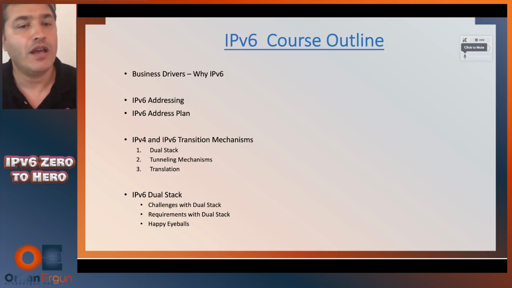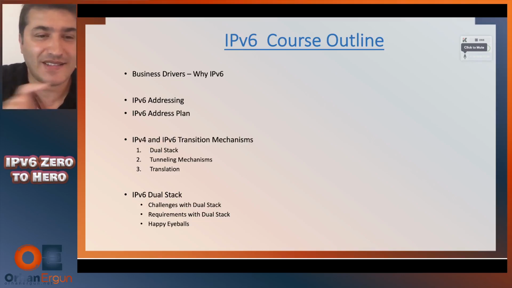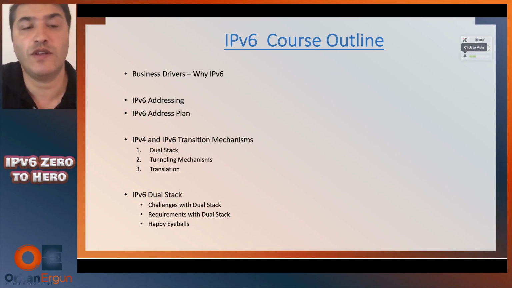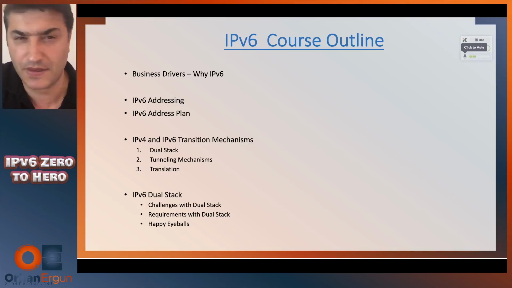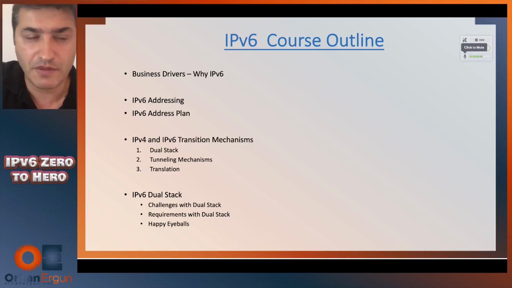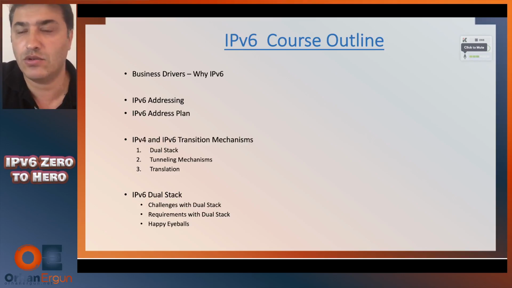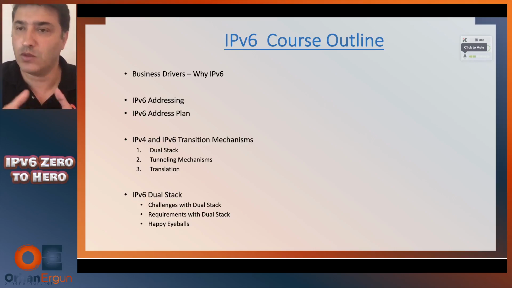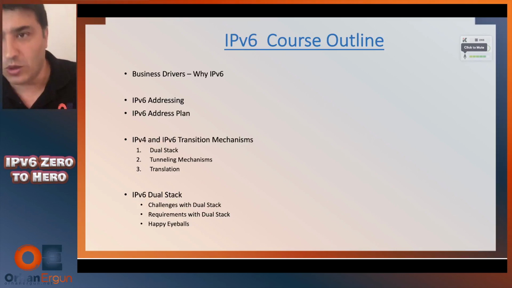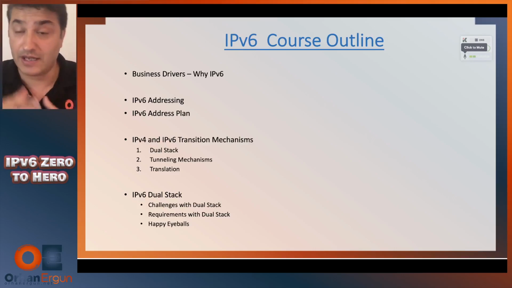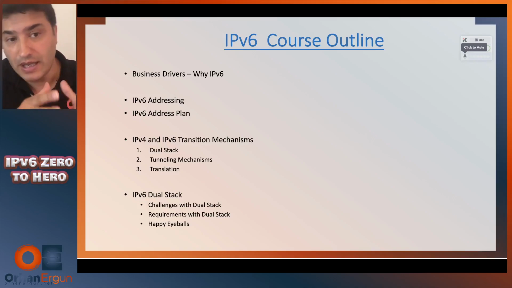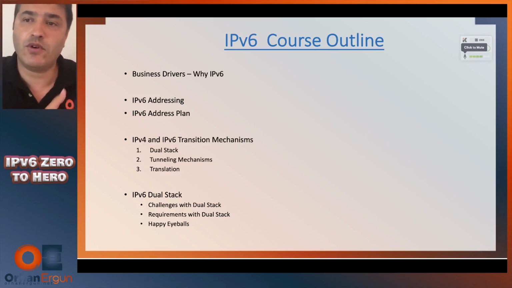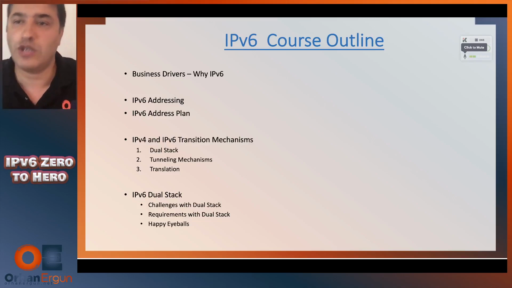Okay? And yeah, the biggest part of this course will be transition mechanisms: how IPv4 and IPv6 coexist together. So it is not IPv6 only. We will discuss that one separately, obviously, but how IPv4 as well as IPv6 are used together.